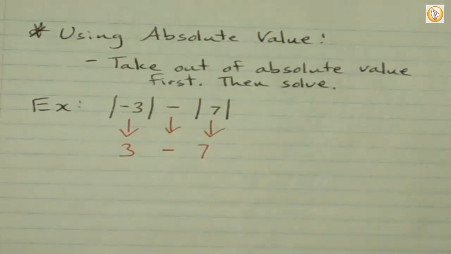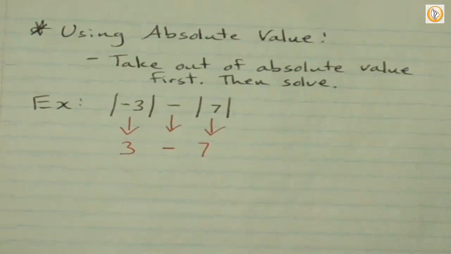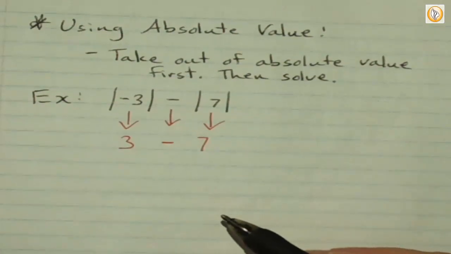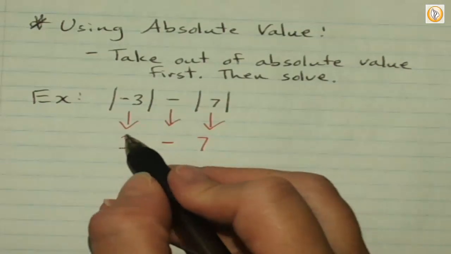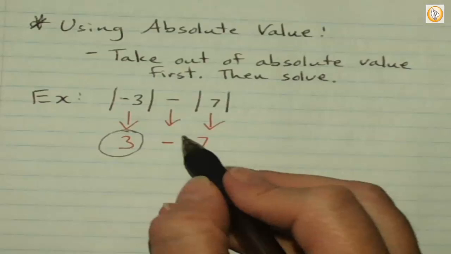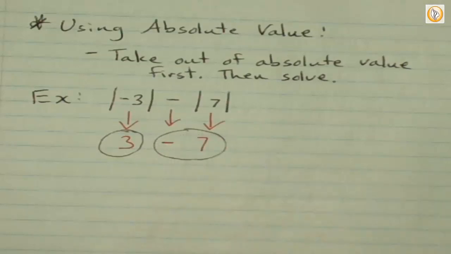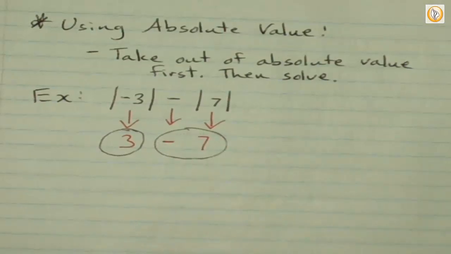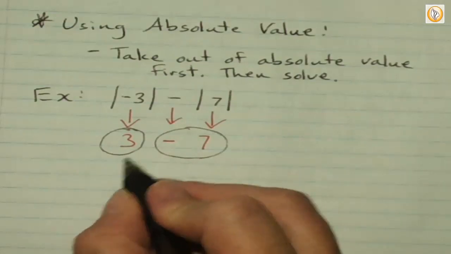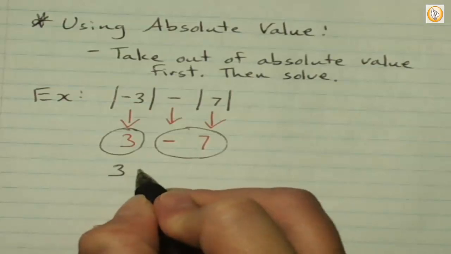Okay, I'm about to blow your minds. Look at this. I have 3 minus 7. That is a positive 3 and a negative 7 that we're combining. Y'all see that? No. Okay, that's why I'm showing you. Another way of writing this would be this.